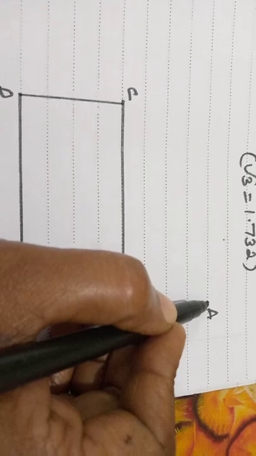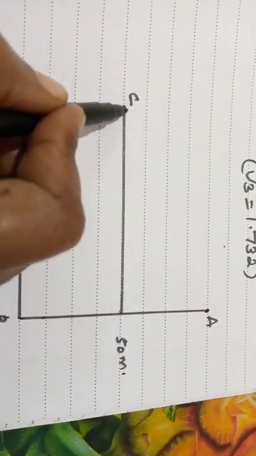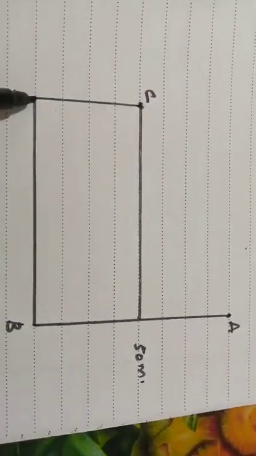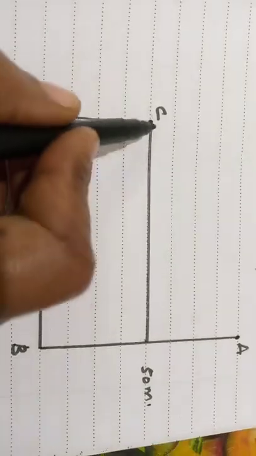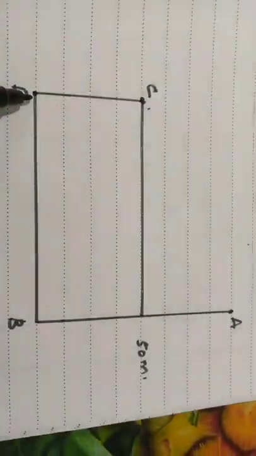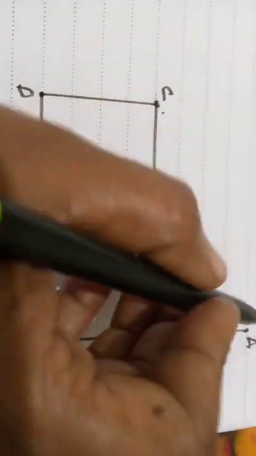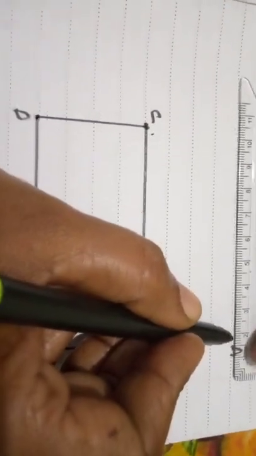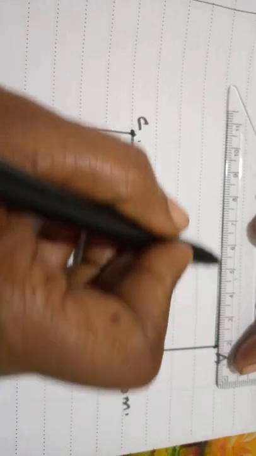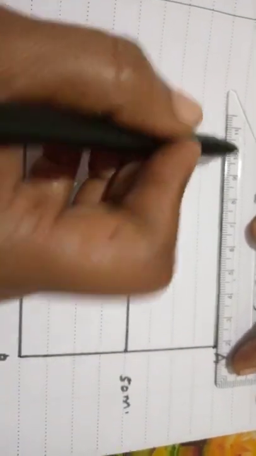The angle of depression of the top and bottom of the tree are observed 30 degree here, 45 degree here. So from the top we have to draw the horizontal line. Angle of depression given means horizontal line we have to draw.